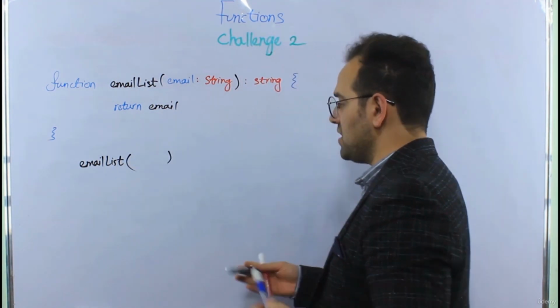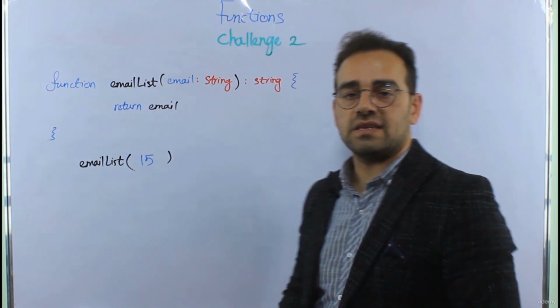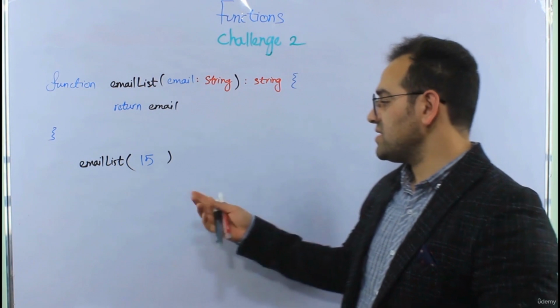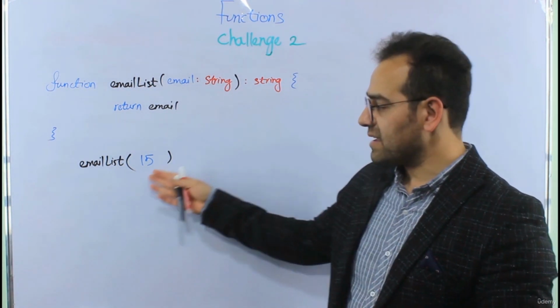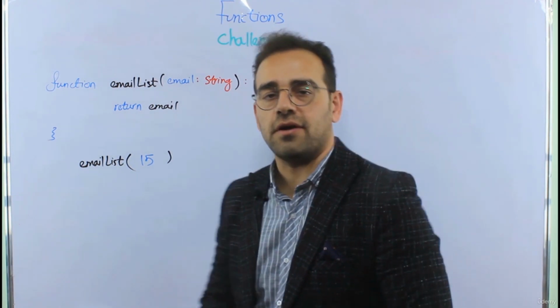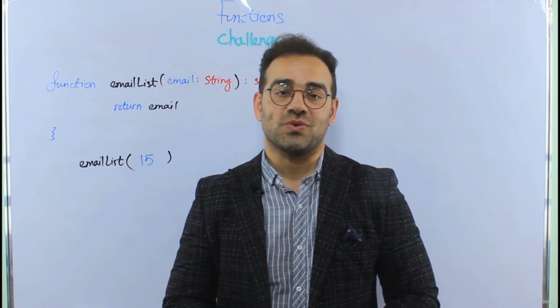And that thing could be the number 50. And this is going to simulate a type error for us. So it could be 15. It could be like you pass in true. As long as you don't pass in a string, it is going to simulate that type error. And I think that's it. That's it for this challenge. See you in the next one.